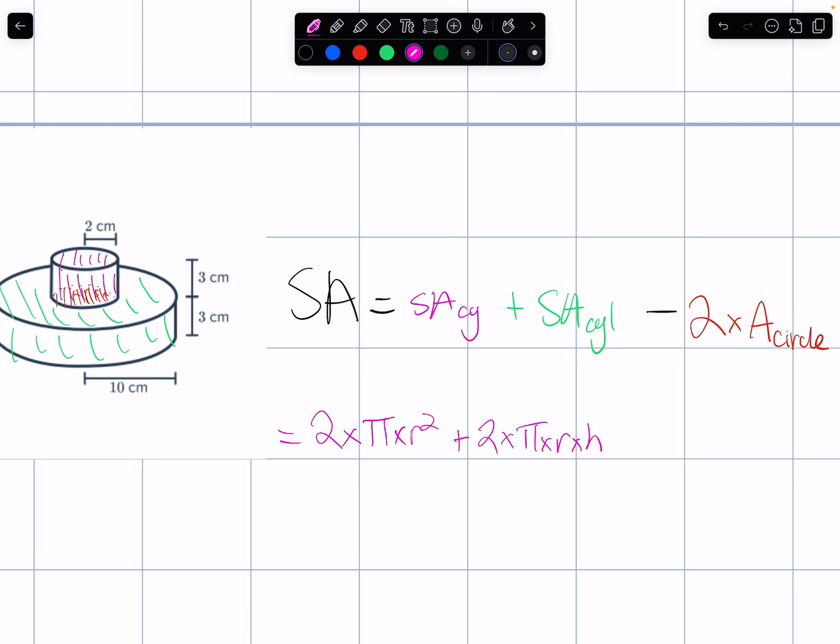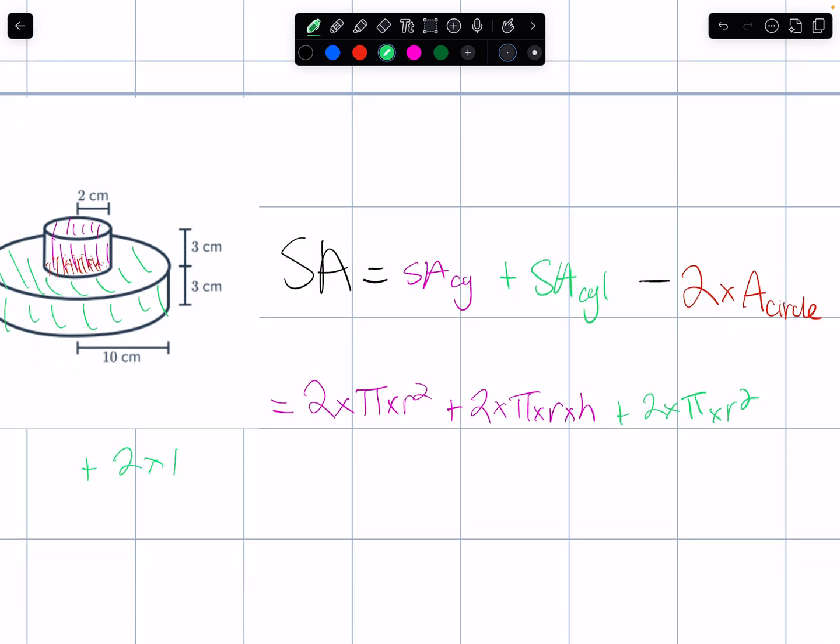Now, we're going to do that again for the green cylinder. Plus 2 times pi times r squared. Keep going over here. Plus 2 times pi times r times h. And then one more time, minus.